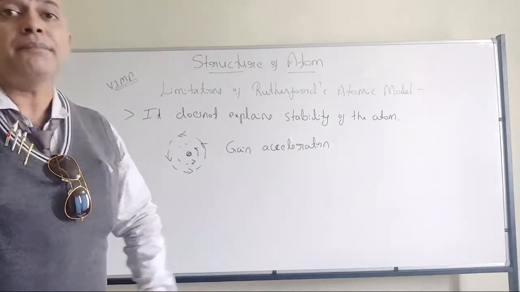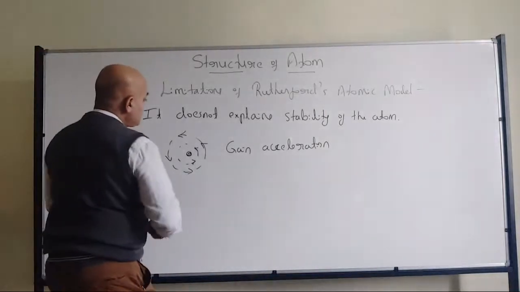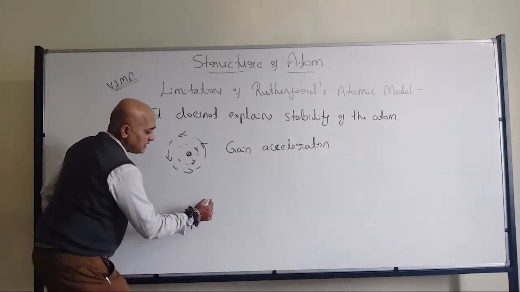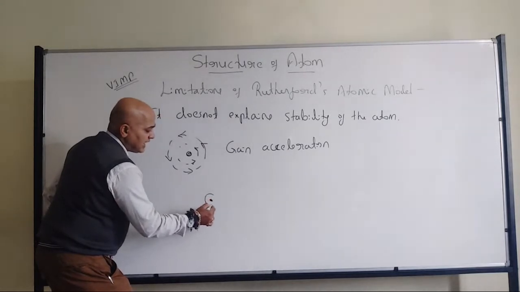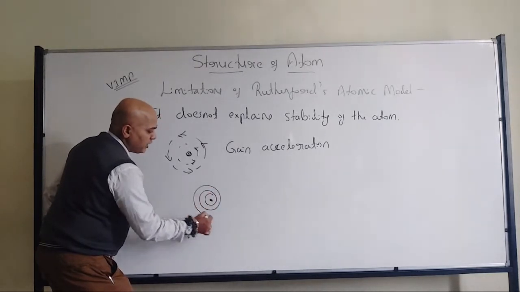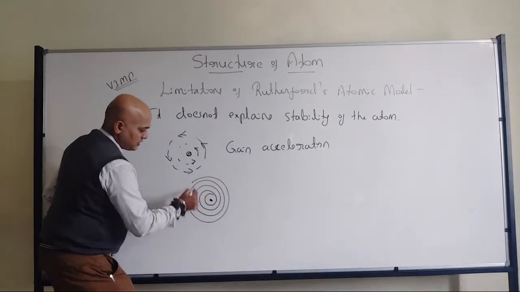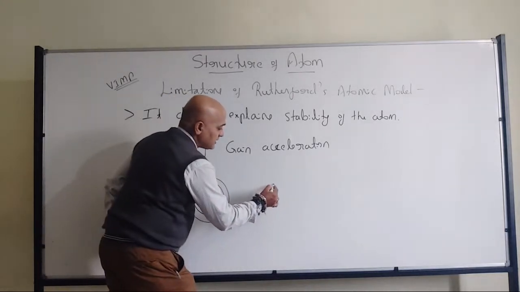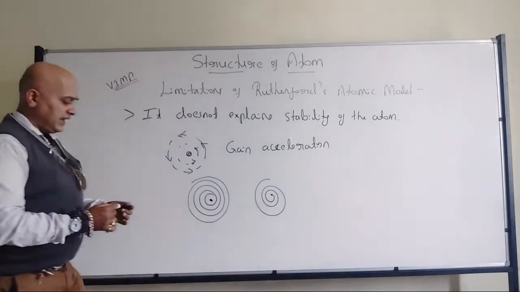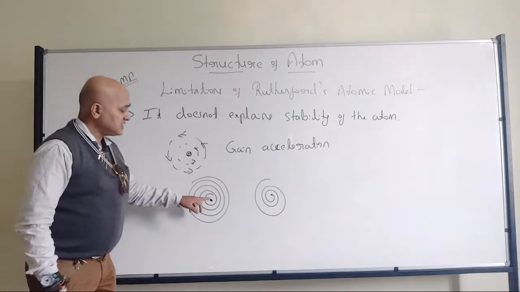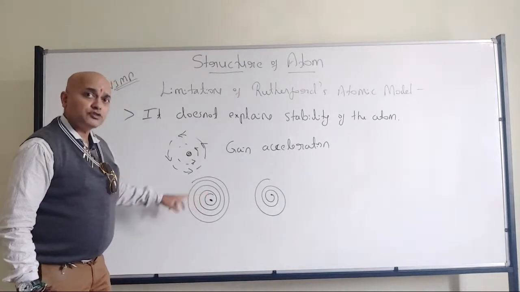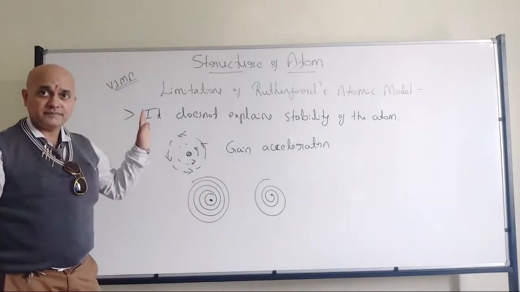Or if it is happening, now what will happen? Each and every time electrons are losing the energy, and due to that, whether it should go away from the nucleus or it should come towards the nucleus. Any one of these two should happen. One thing, since it is gaining the acceleration, it should go away from the nucleus.